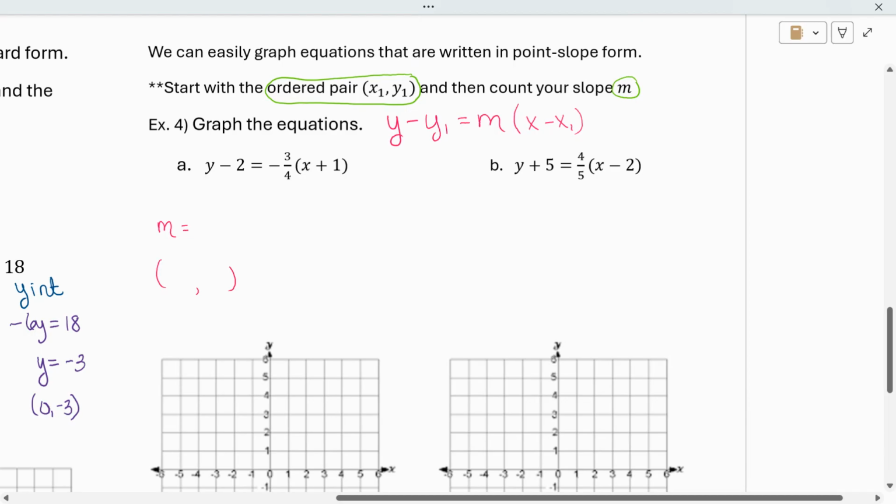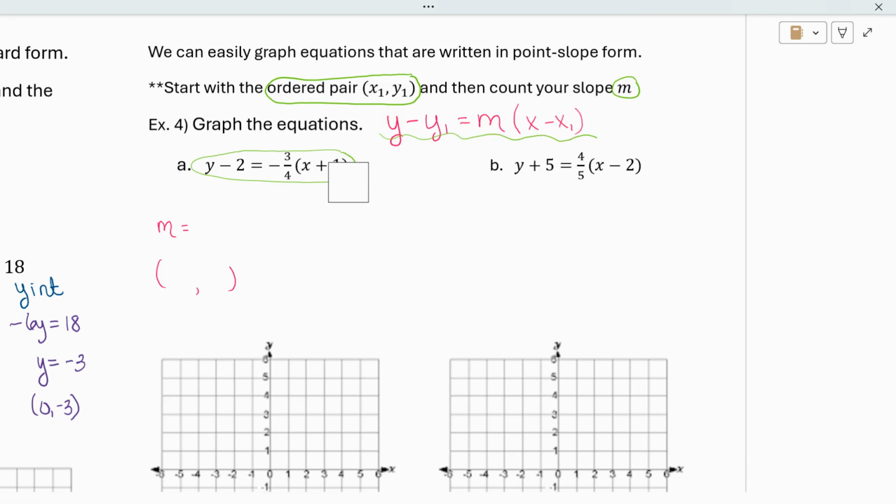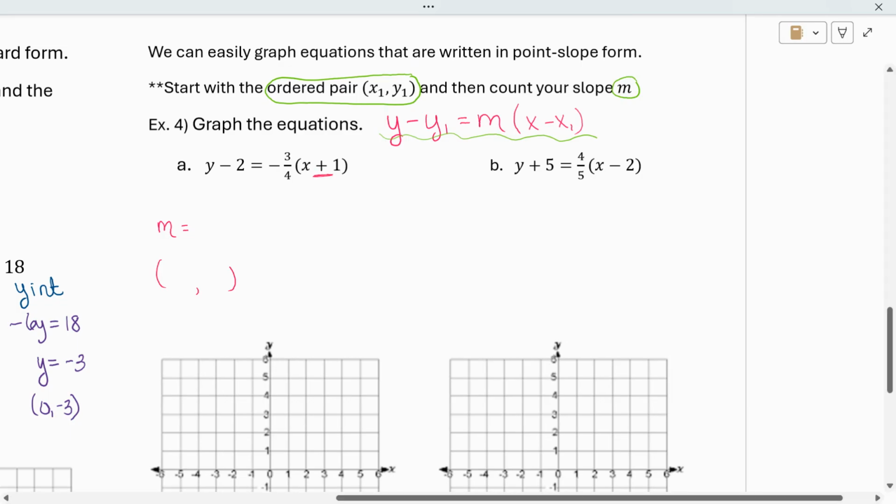But I want this equation right here to look like this equation right here. And it doesn't. What's the problem with it? Slope can be a fraction. The problem is really right here, when I look at this compared to this. It's important to know where that plus sign came from.